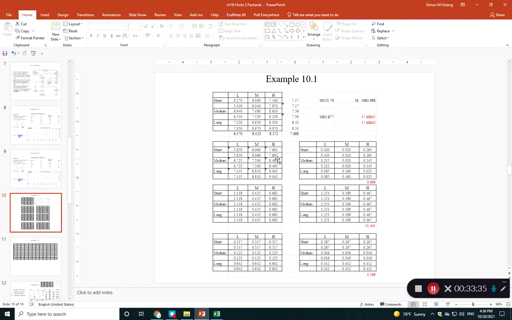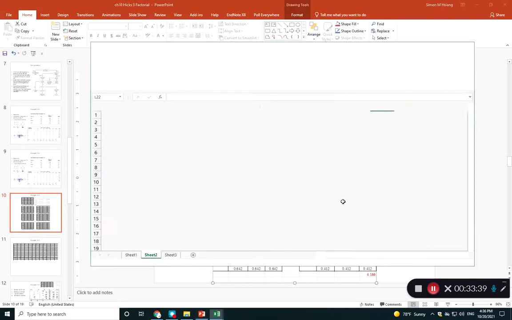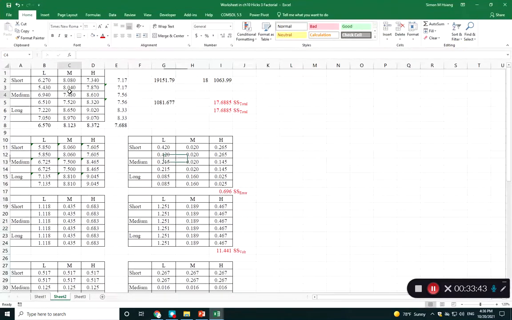So here is the way to do the computation. And again, I made up the Excel spreadsheet. And what did I do?